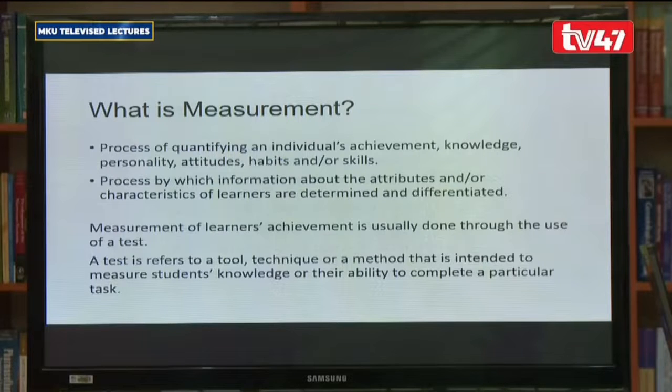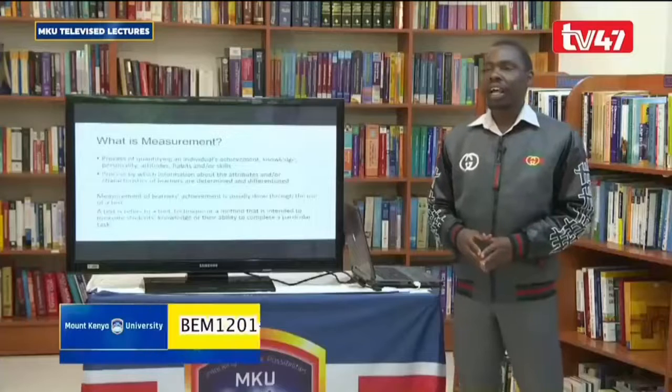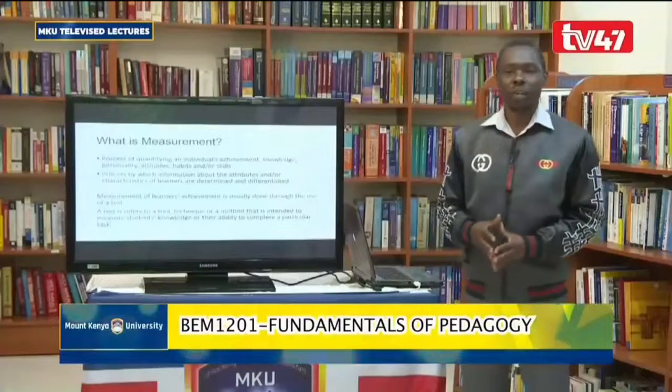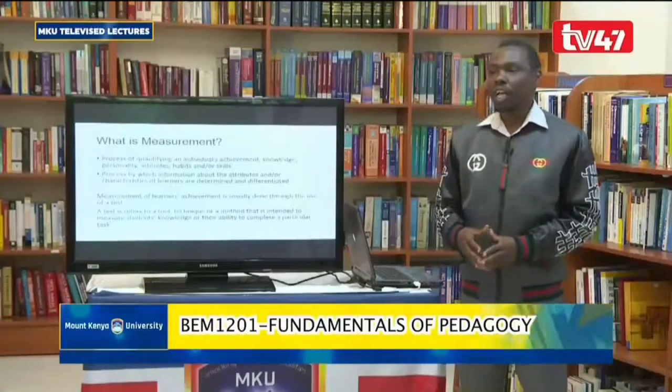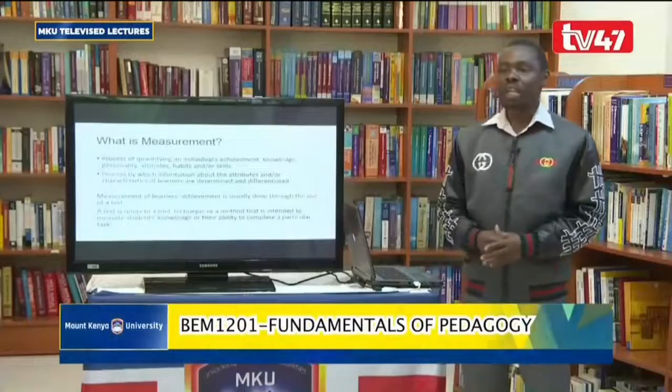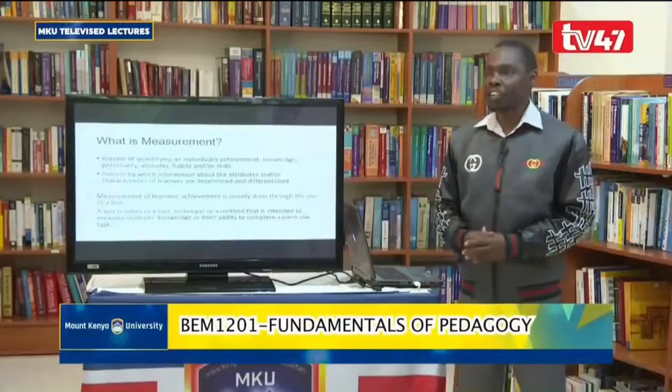Measurement has also been defined as a way of determining whether learning objectives have been achieved, and whether what the teacher intended the learners to achieve and to master has been mastered as expected.